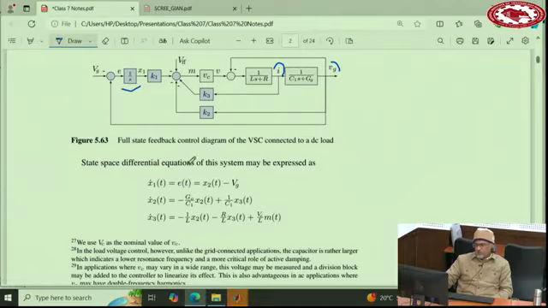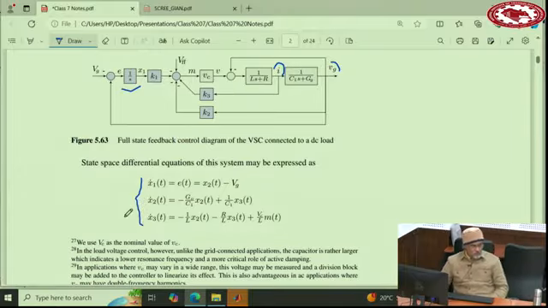So these are the equations of the system. Now x1 dot for this one is E, which is x2 minus Vg. x2 dot comes from this equation here, and x3 dot comes from this equation. So you need to be able to write down the state space equations if you want to go with this approach every time.